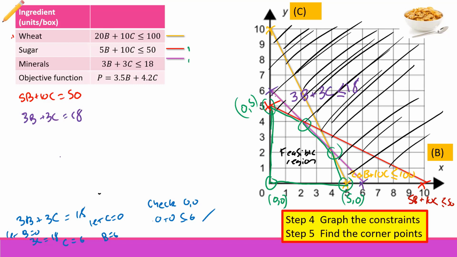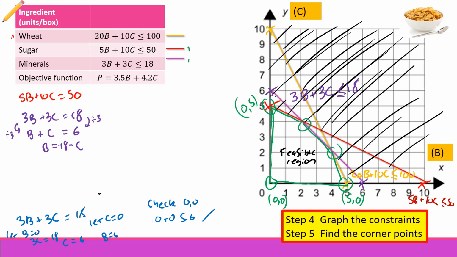We could rearrange this. Actually, you know what? Let's turn this into b plus c is equal to 6. I can do that. I can divide everything by 3. Oh, okay, this is not going to be as hard as I thought it was going to be. I was getting ready for this to be terrible. So that means b equals 18 minus c, and I can substitute that into that previous one.